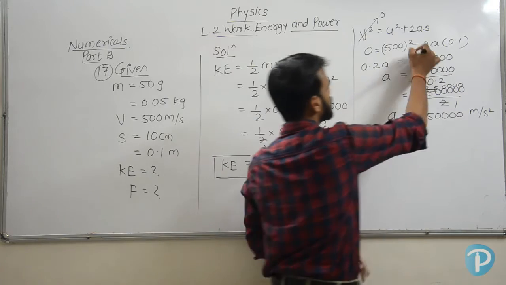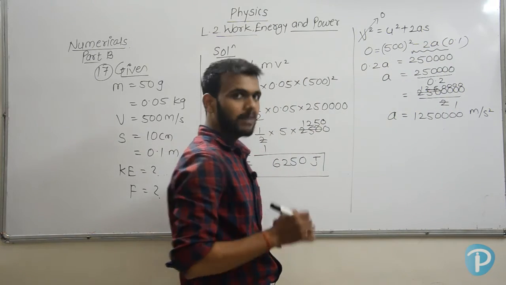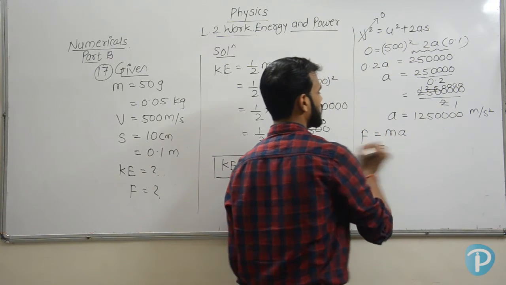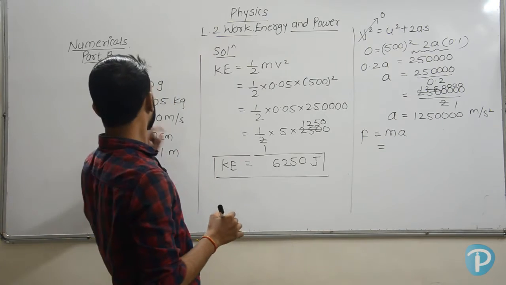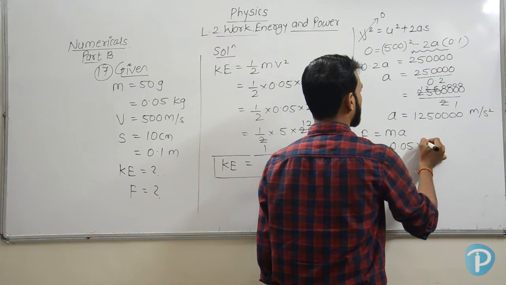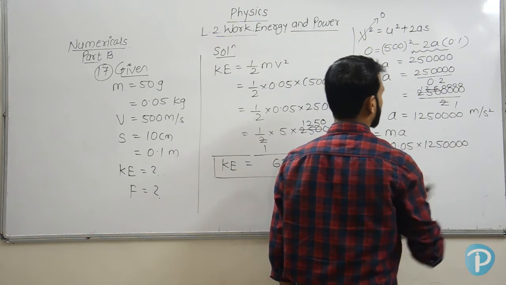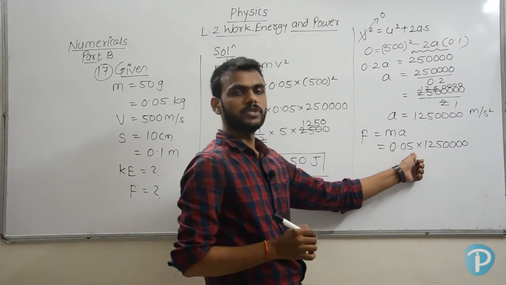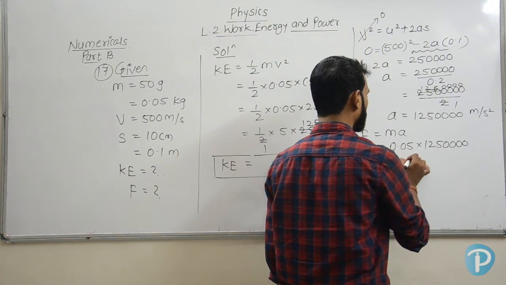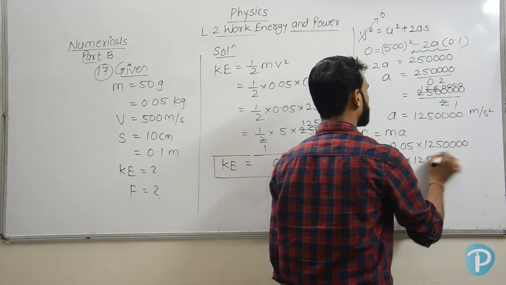We have already considered its sign, that is negative, so it is retardation. Now we have to calculate the force, so it is ma, mass into acceleration. Value for the mass is 0.05 and acceleration is 125 with 4 zeros. Again we need to shift the decimals from this, so it will be 125 multiplied by 125 and these two zeros.